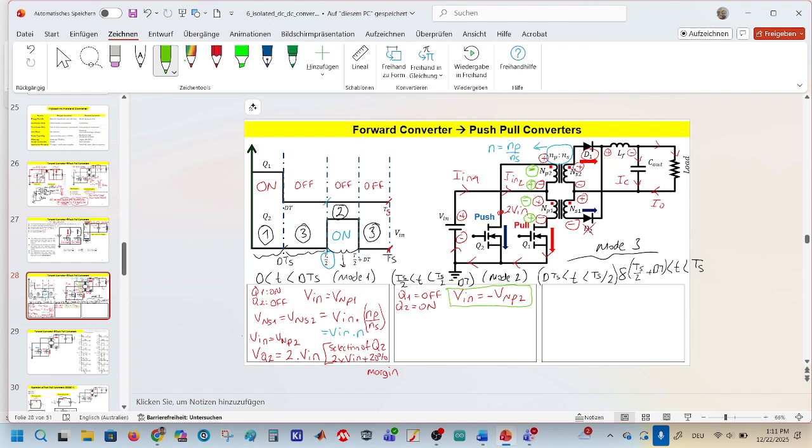If you say that no, the polarity doesn't change, we use the KVL: minus input voltage minus the voltage on NP2 is equal to 0, and then we have this formula here.